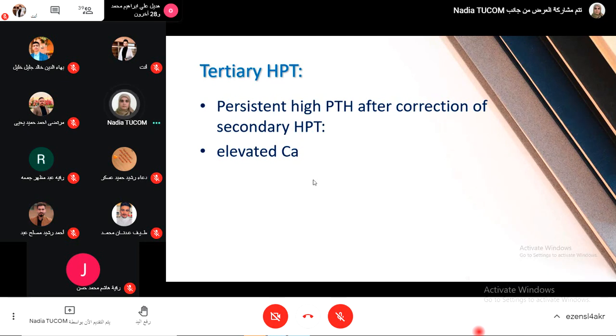So there is refractory or persistent high PTH and elevated calcium, because there is failure of response to treatment in patients with secondary hyperparathyroidism for many years.